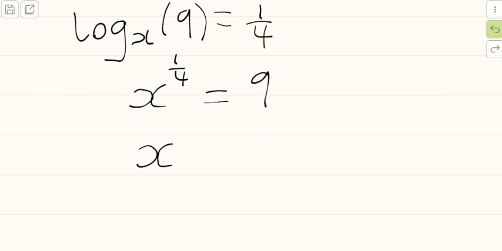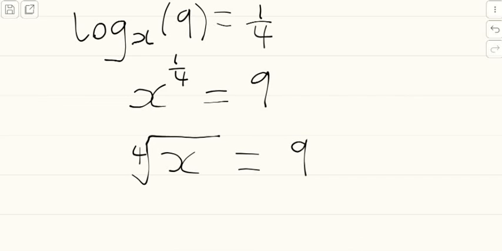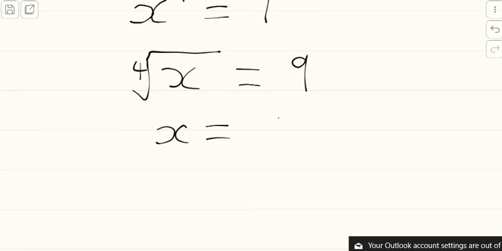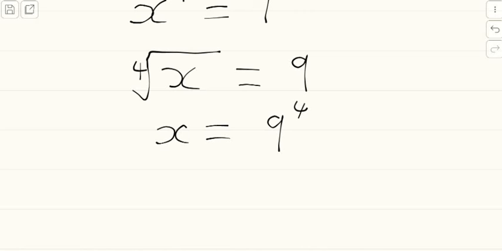So x to the power of a quarter means the fourth root of x, and that's equal to 9. Okay, and on that basis, x is therefore going to be equal to 9 to the power of 4. Okay, and 9 to the power of 4 is going to be 6,561. And that's it.